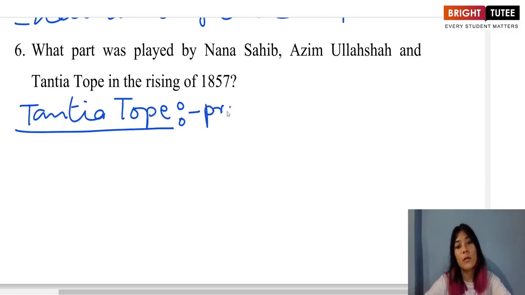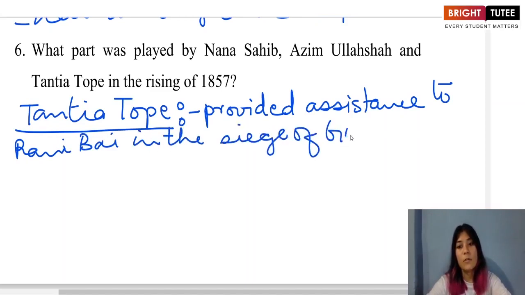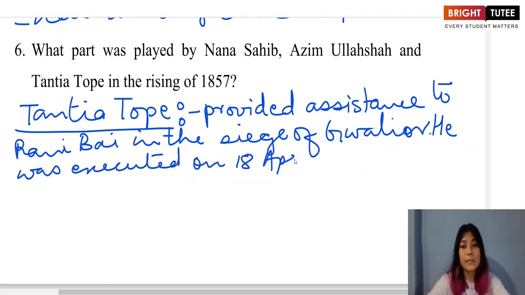Tantia Tope provided assistance to Rani Lakshmi Bai in the siege of Gwalior, or basically came to provide assistance to Rani Lakshmi Bai in her fight against the British. He was executed by the British on 18th April 1859.